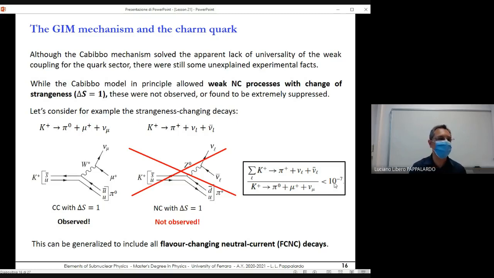In this case, it was a strangeness change, but it can also be any other flavor. If a process requires a neutral current change of flavor, delta S, delta C, delta B, whatever, then it is not observed. Actually, it is observed to be highly suppressed. And this could not be understood in the framework of the Cabibbo hypothesis.